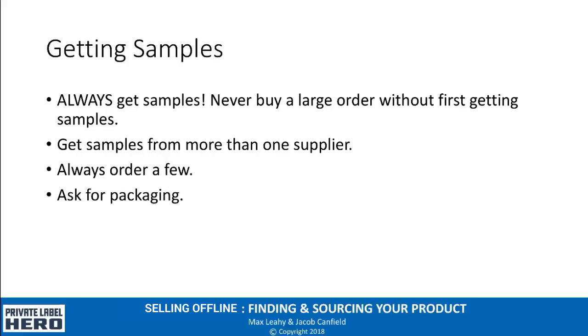Pick the top 3 to order samples from. Order more than one sample. Otherwise, they'll pick the best of the production line and send it to you, and that won't help very much. By ordering from more than one, you can confirm the quality is consistent. You will also want to check out what options they offer for packaging. Ask them to send you all the packaging options you're interested in.